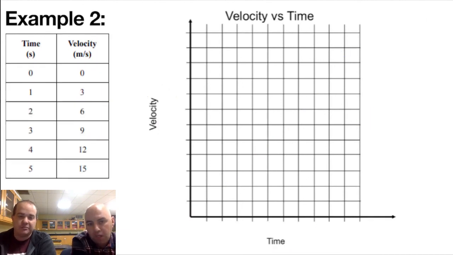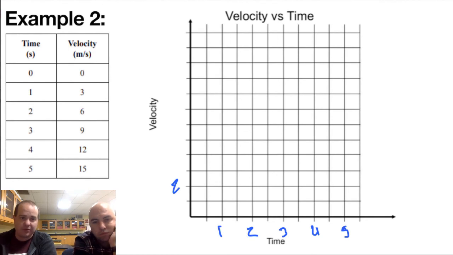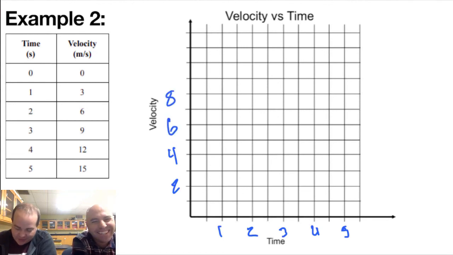Okay, so I think this is almost exactly the same. If we just do 1, 2, 3, 4, and 5, we can easily go up here and go by 2s again. Well, we might not be able to go by 2s. It's going to go off the charts. We just got to deal with it. And then we got 15, way up here at the top somewhere.